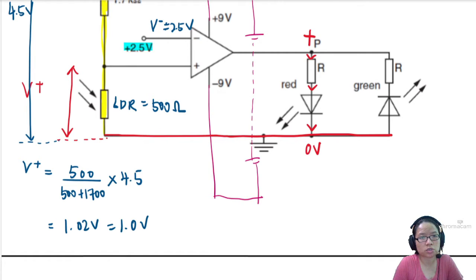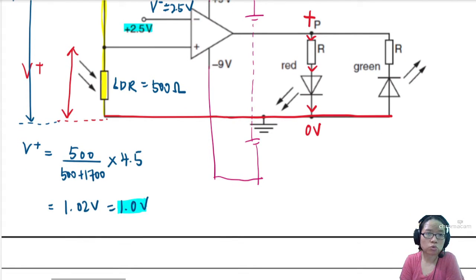So this is 2.5 volt, and currently the potential difference that is being compared to is 1.0 volt. Which one is bigger? 2.5 is greater than 1.0 volt. So I'll just put a note here. And I say that V minus, which is 2.5, is greater than V plus.